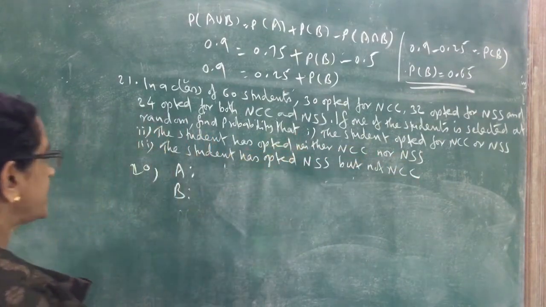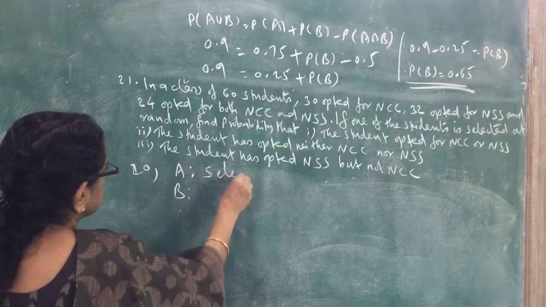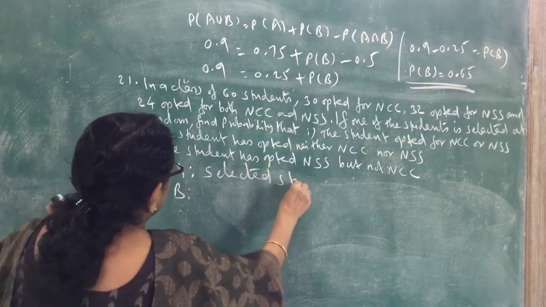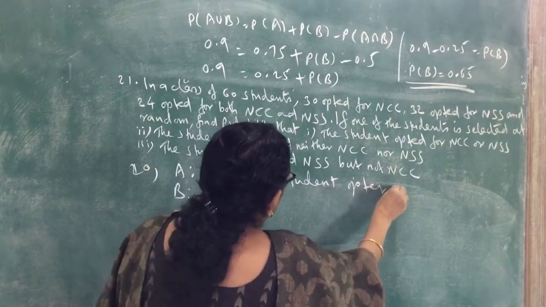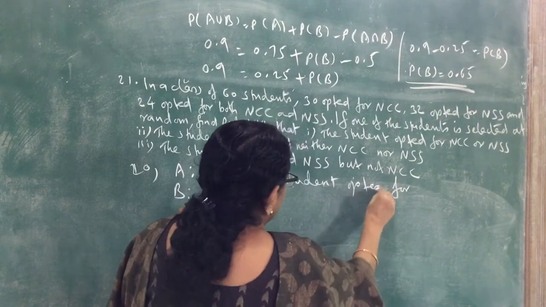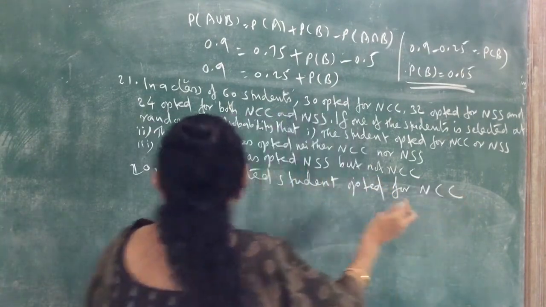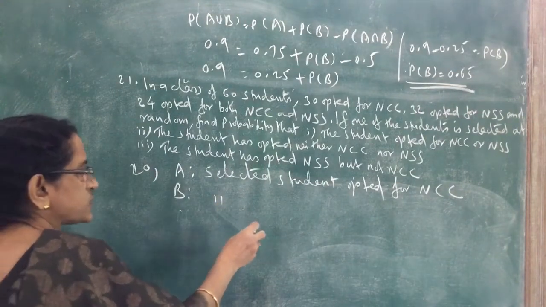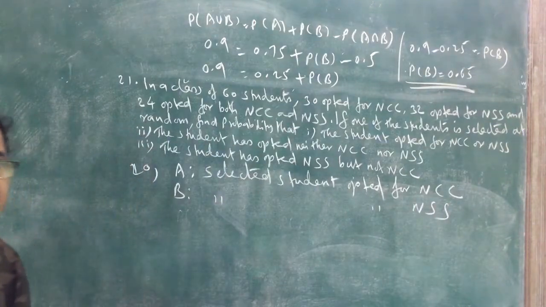So let A be the event that the selected student opted for NCC, and B be the event that the selected student opted for NSS. These are the events A and B.